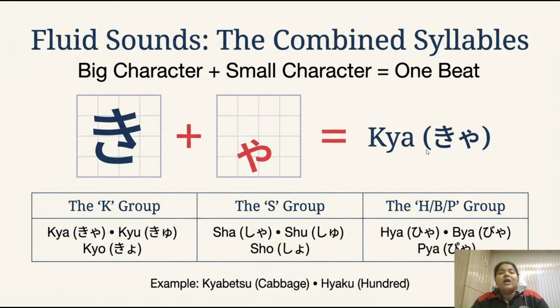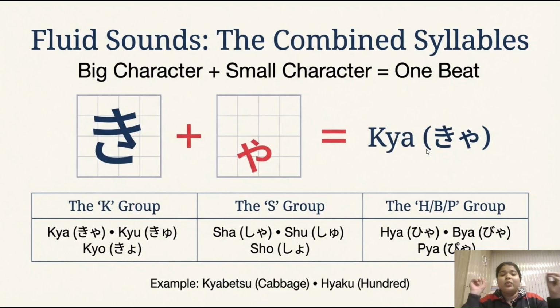Okay, when we are looking at the ya series, we have ya, yu, yo, already spoken about it. When ya, yu, yo are attached with the big letters, or let's say attached with the i's, or should I say e's of all the alphabets, it changes the sound. It needs to be spoken in one beat.